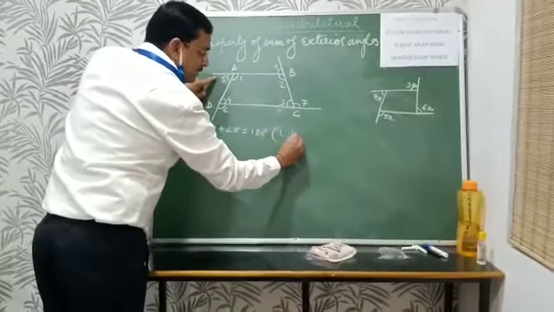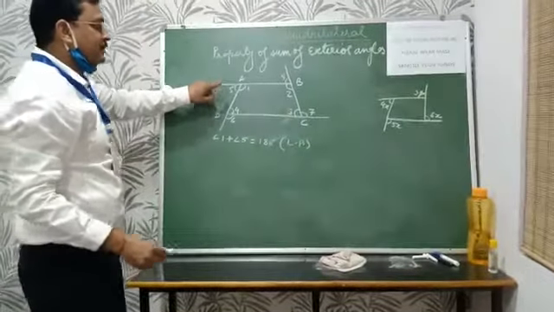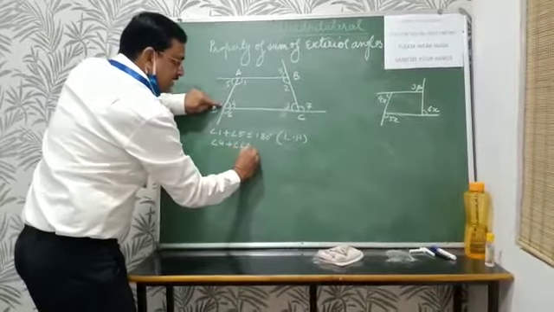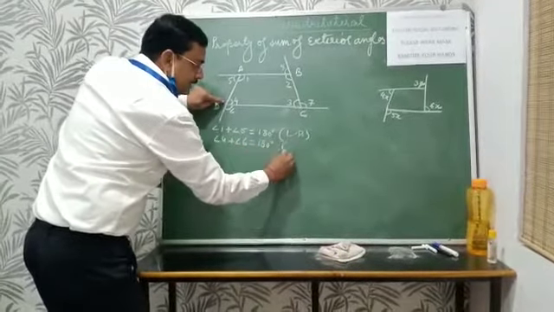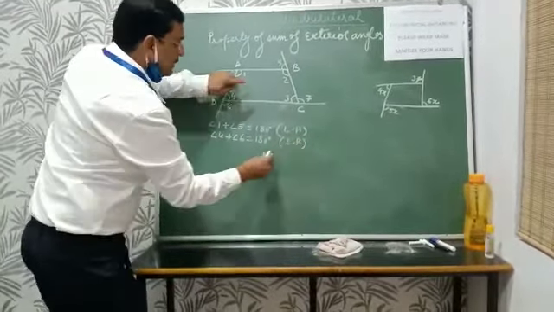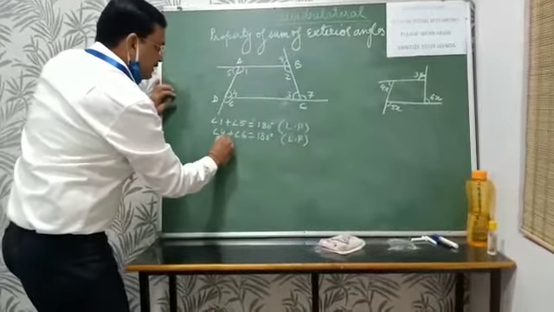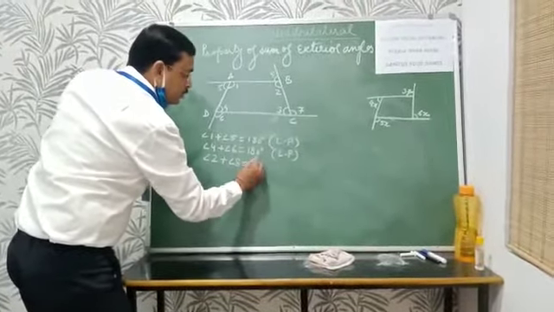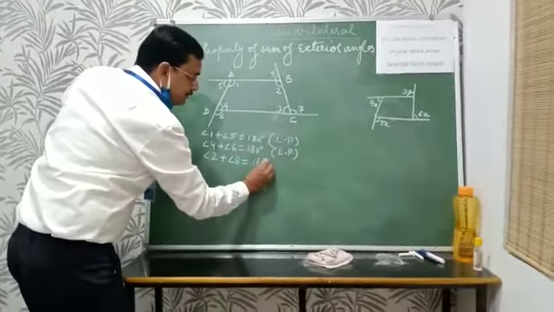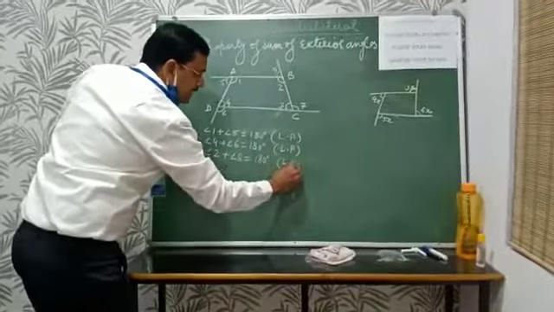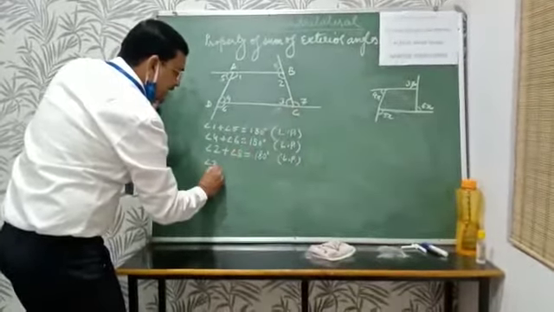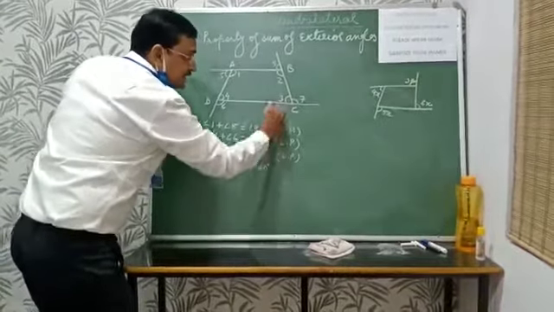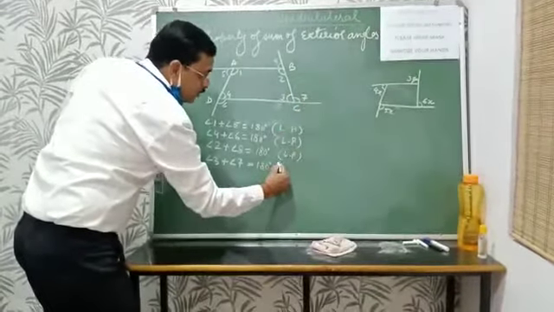It's a linear pair. Similarly, angle 4 plus angle 6 is equal to 180 degrees. Linear pair. Here also angle 2 plus angle 8 is equal to 180 degrees. And at last angle 3 plus angle 7 is equal to 180 degrees. It's a straight line, so it's equal to 180 degrees.